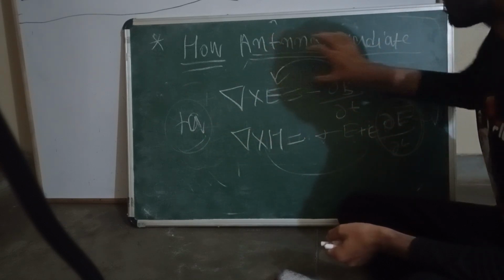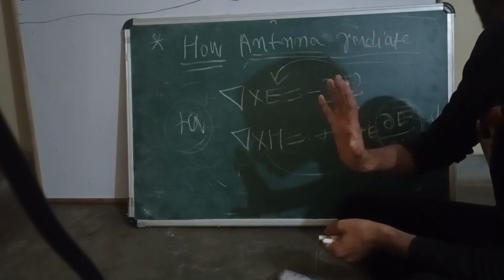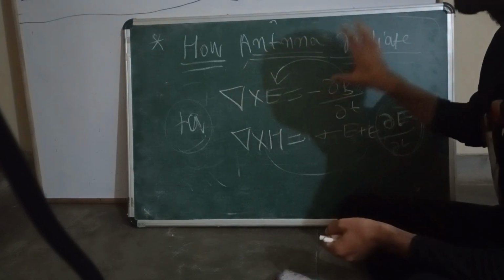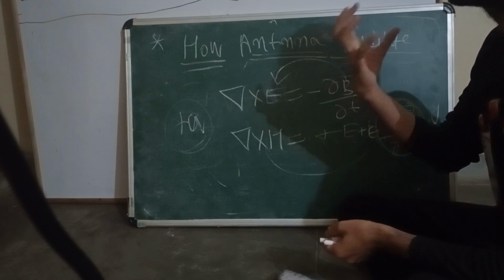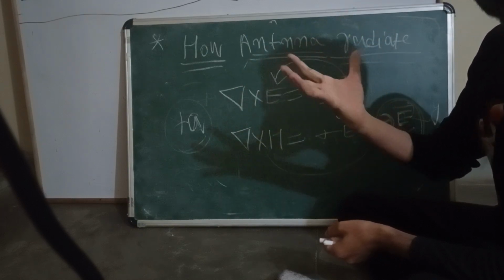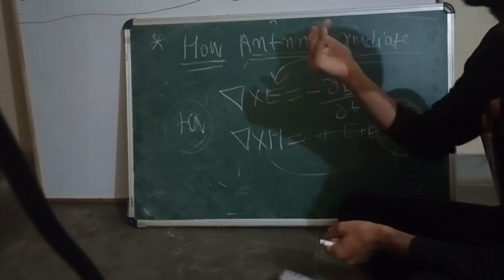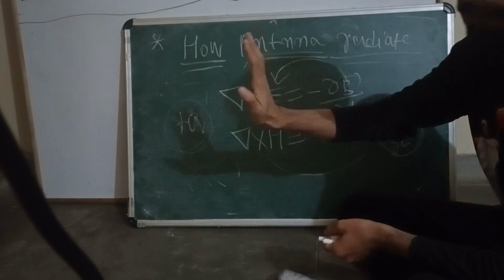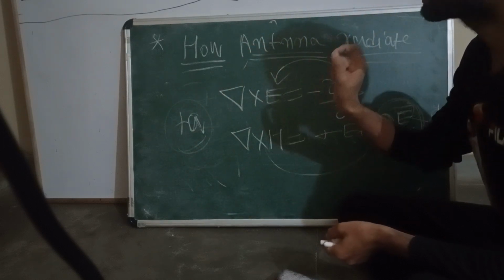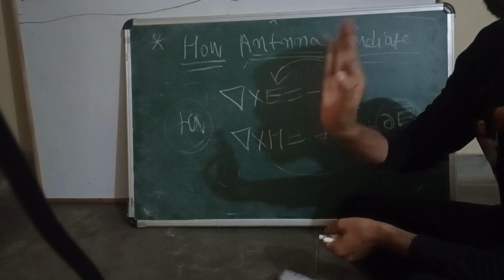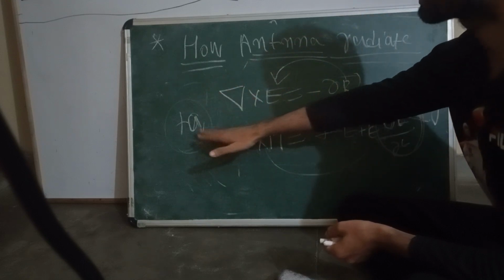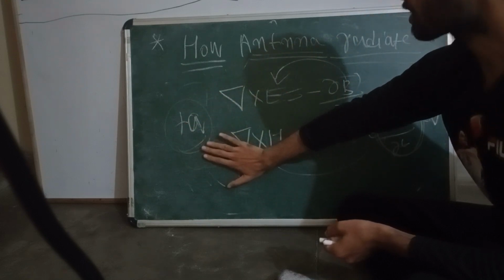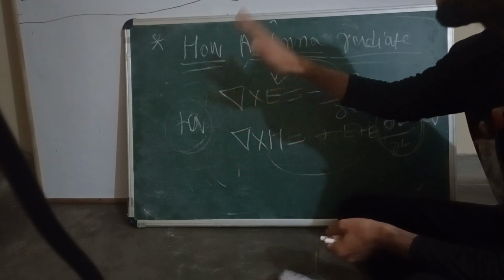The antenna will radiate an electromagnetic wave, which means electric and magnetic fields both changing with time. That is only possible when the charge oscillates, meaning the charge is accelerating or decelerating.